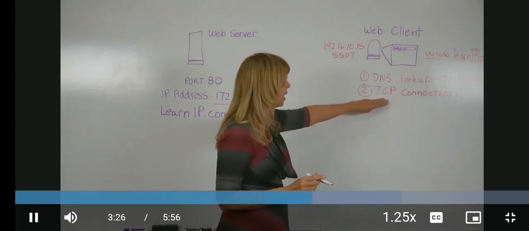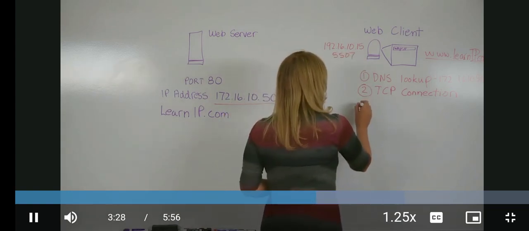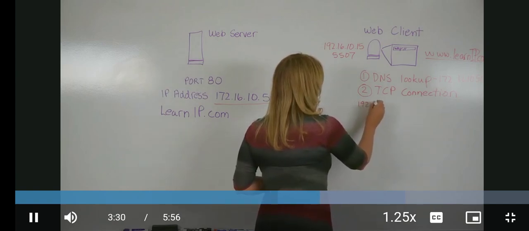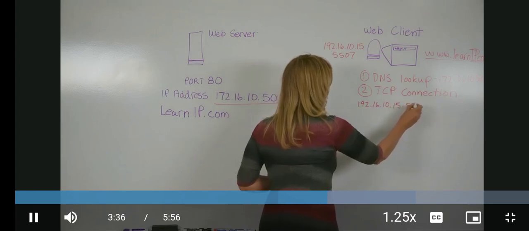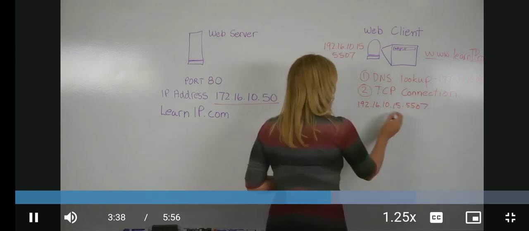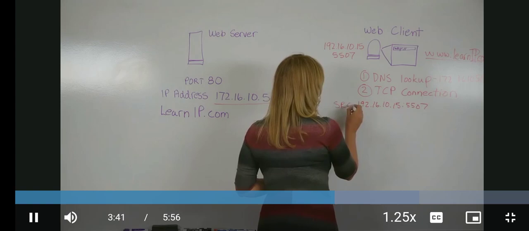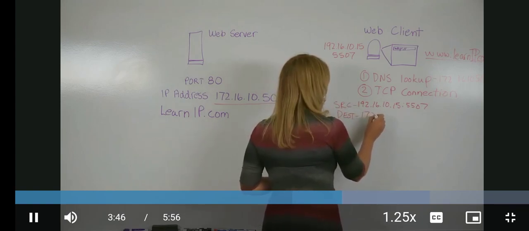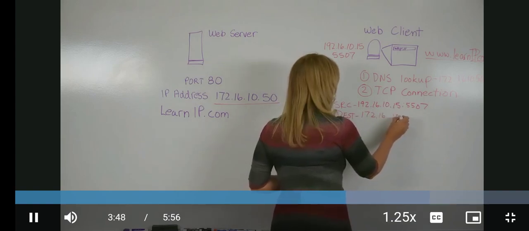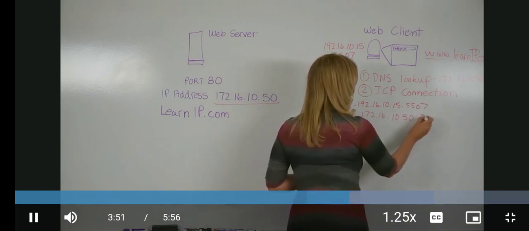So the TCP connection will be between the source, 192.168.10.15, port 5507, and the destination, 172.16.10.50, port 80.